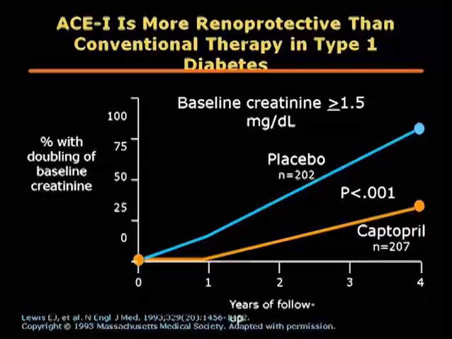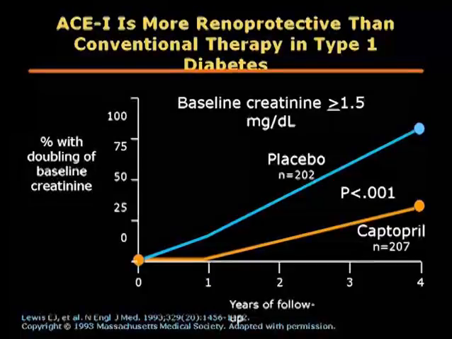This is the first study in human literature showing that when you give a renin-angiotensin system blocker, an ACE inhibitor, at that time captopril, in patients who have diabetic renal disease, the usage of an ACE inhibitor decreased the progression of renal disease.